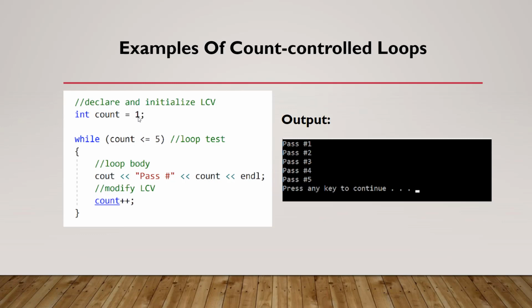That's true on the first pass, because 1 is less than or equal to 5. So we enter the loop and execute the loop body, a cout statement that says pass number and then outputs count. As you can see from the output, we output pass number 1.